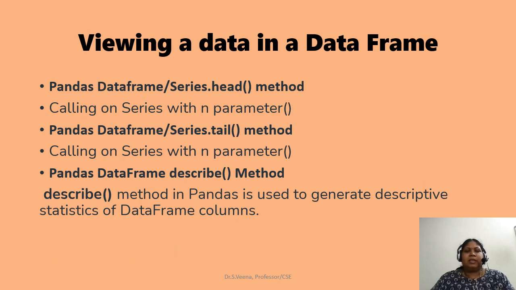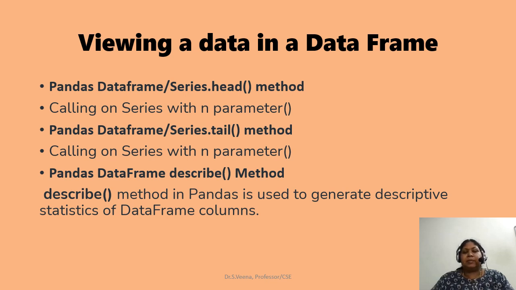And other than creating data in a data frame, we can also view it by saying head, tail, or describe. When I say head, it means we're going to view only the first 5 rows. And when I say tail, it means I'm going to display only the last 5 rows.